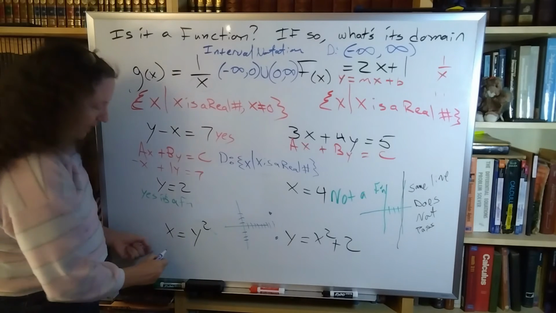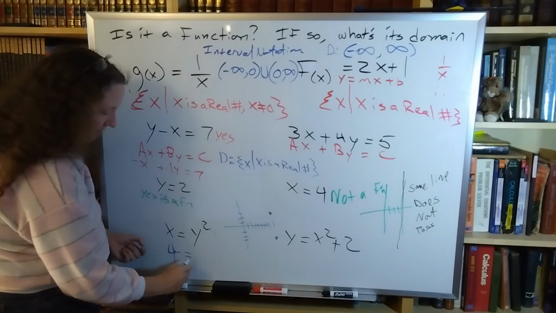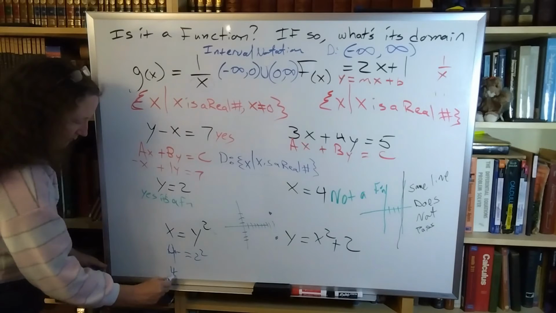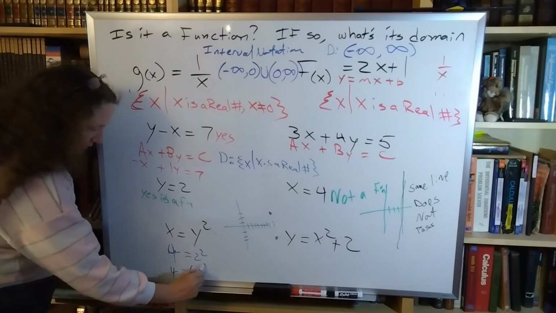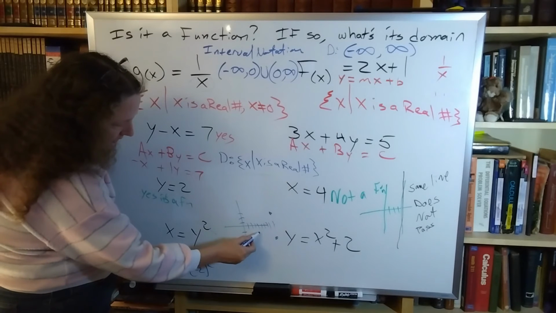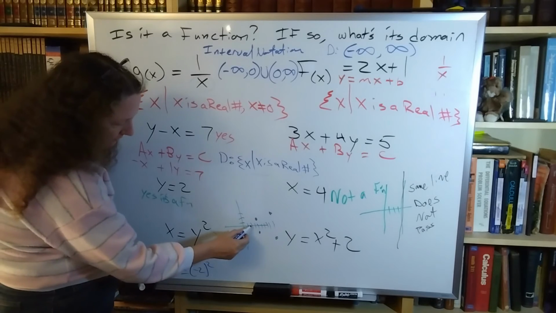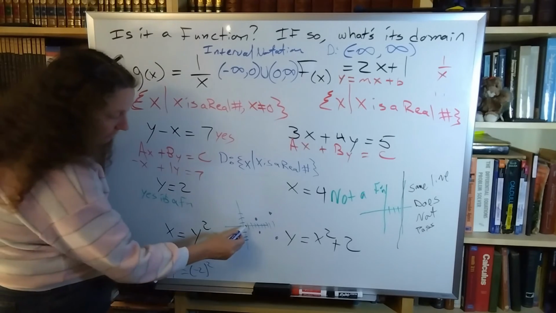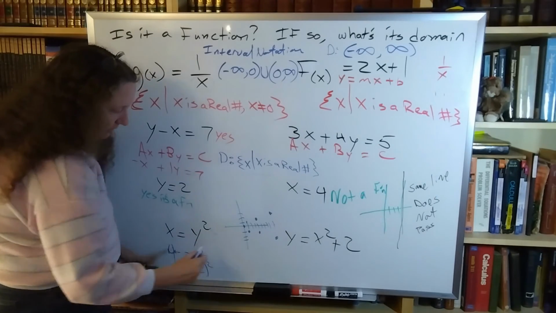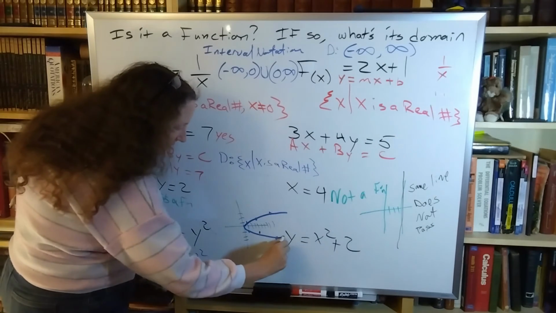If I use 4 for x, 4 can be either 2 squared, or 4 can be negative 2 squared. So if I have 4, I get there, and I get there. And if I have 1, that can be 1 squared or negative 1 squared. So there and there, and then there's 0. So the graph of this one is going up like that and down like that.